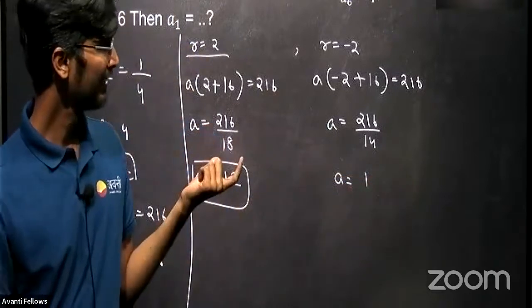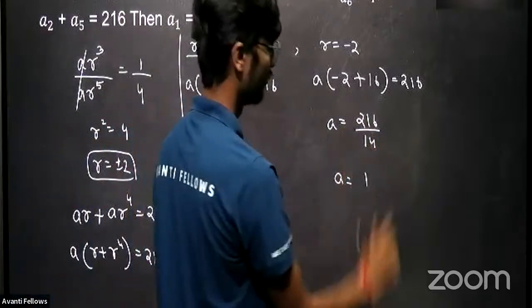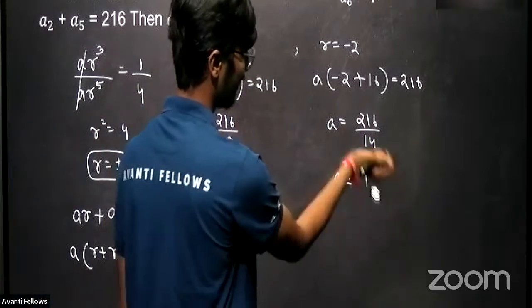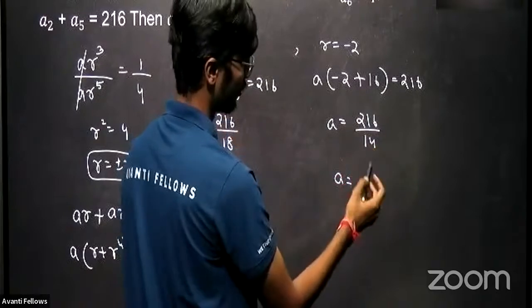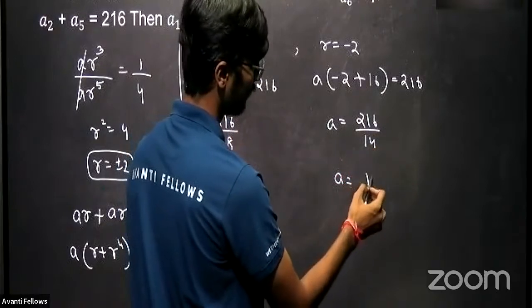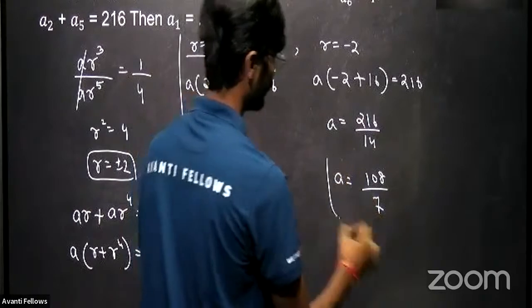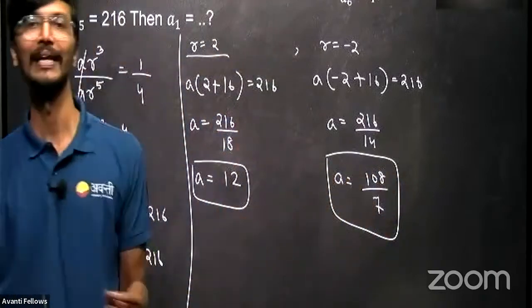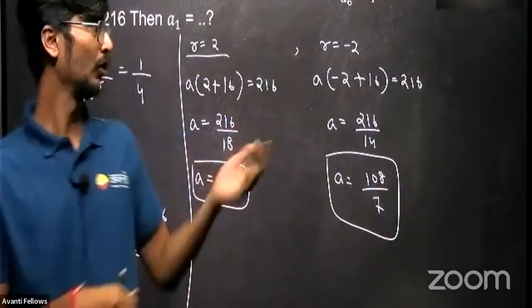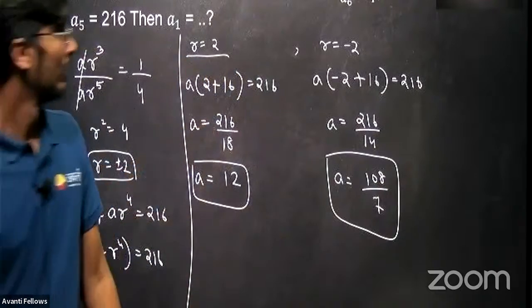So is it divisible by 14? No, it is not divisible. We can mostly divide by 7, right? So, sorry, by 2. If I divide by 2, I get 108 by 7. So either A is 12 or A is 108 by 7, depending on what we select for R. Correct?